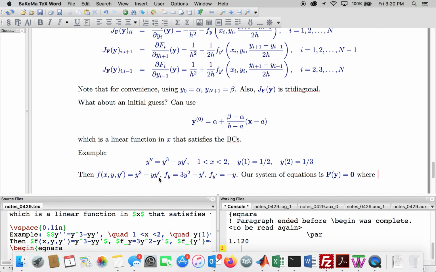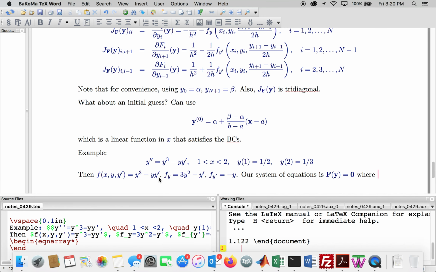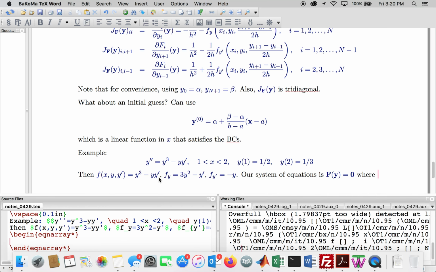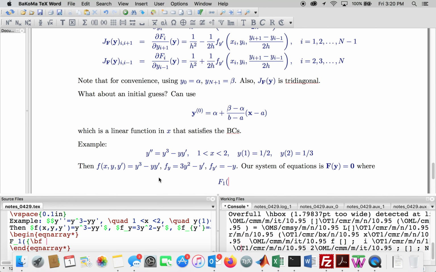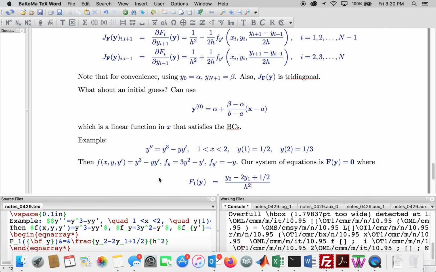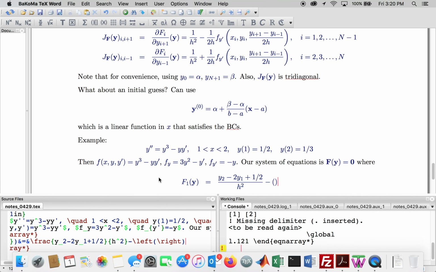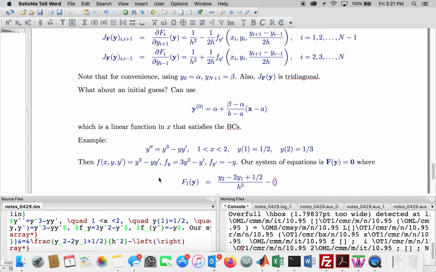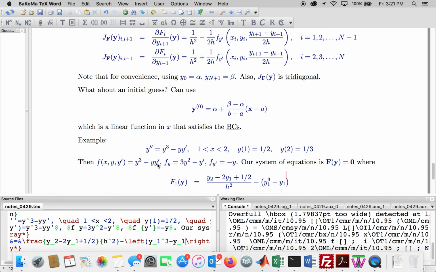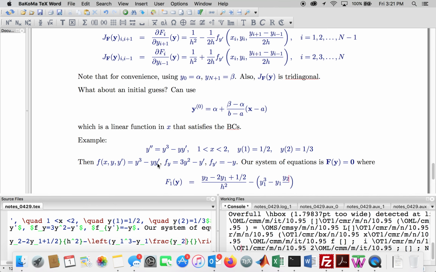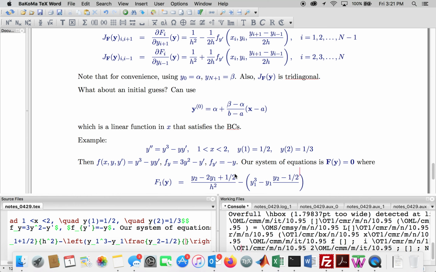So the component functions in this case would be, so f1 of y would be equal to the approximation for the second derivative, center difference, so y2 minus 2y1 plus the left boundary value, y0, which is 1/2, all over h squared, minus, and then we have our function f, so that would be y1 cubed, so I'm referring to this, so minus y1 times y1 prime, which is equal to y2 minus y0, which is 1/2, all over 2h.